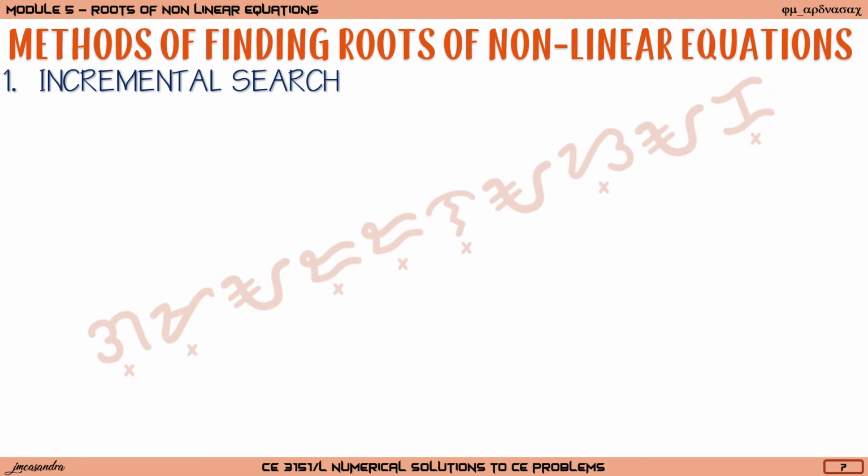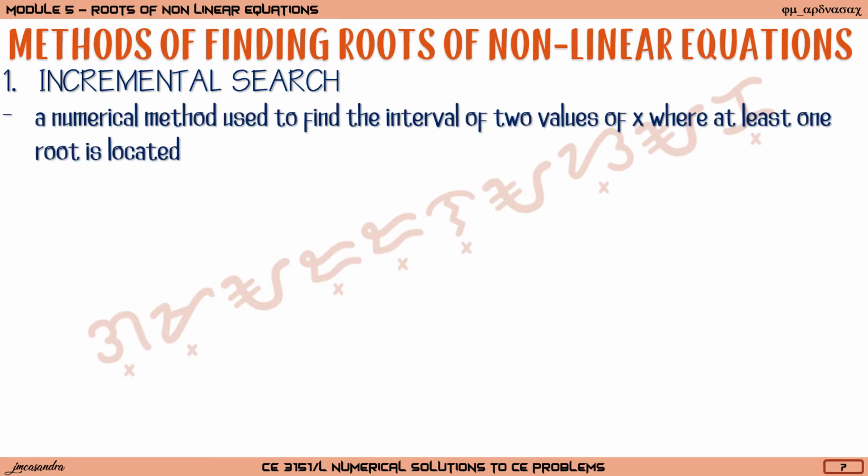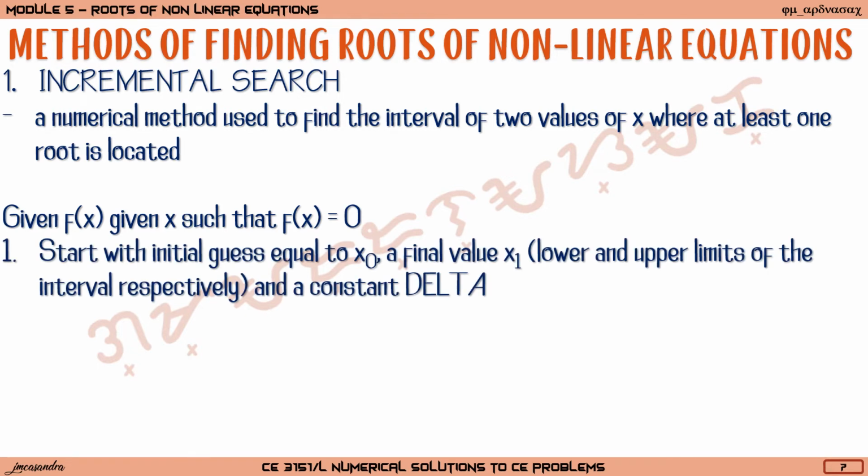So for the first method of finding roots, incremental search, this is a numerical method that is used to find the interval of two values of x where at least one root is located. Given a function of x equal to 0, what we'll do is start with an initial guess, x sub 0, until a final value x sub 1, which will define the lower and upper limits of our interval respectively.